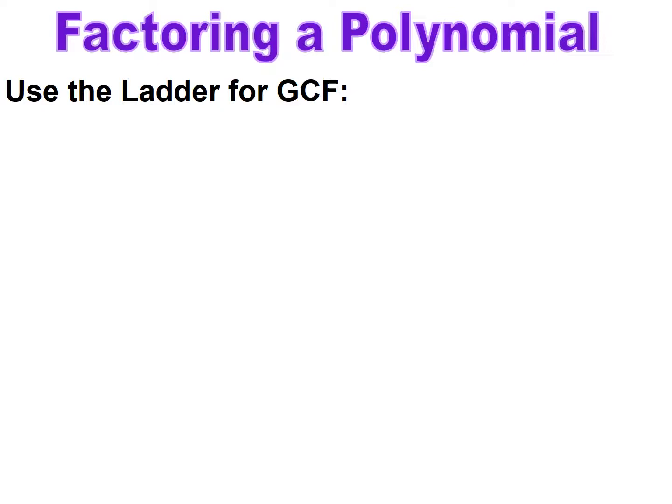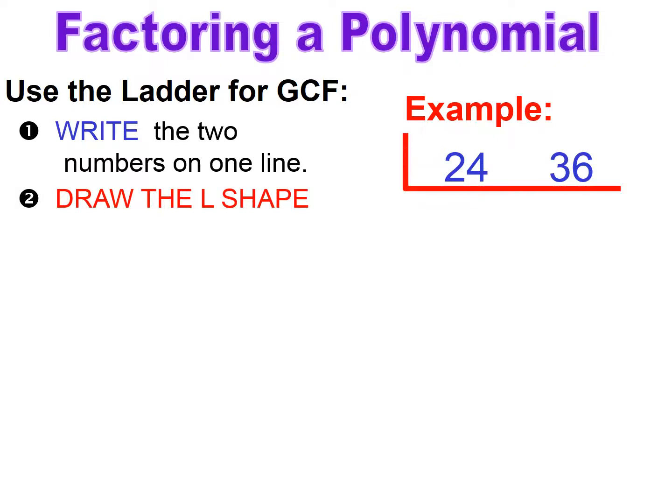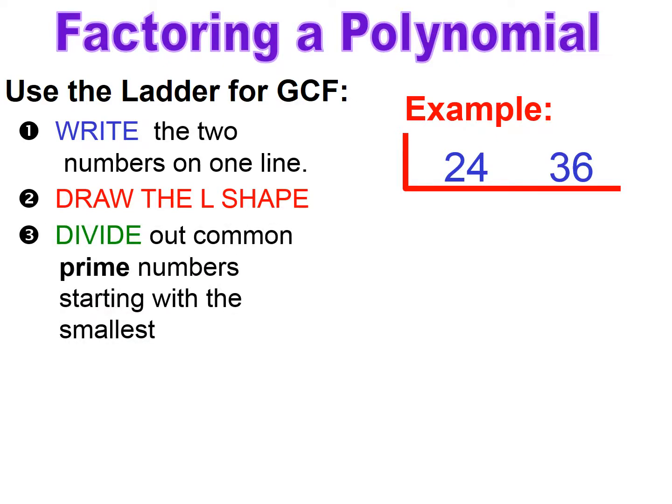One method that you can use to find the greatest common factor is the ladder method. And again, what you do is you take the numbers that you're looking for the greatest common factor of, write them in a line, put a little L over it, and then divide out common prime numbers, starting with the smallest.